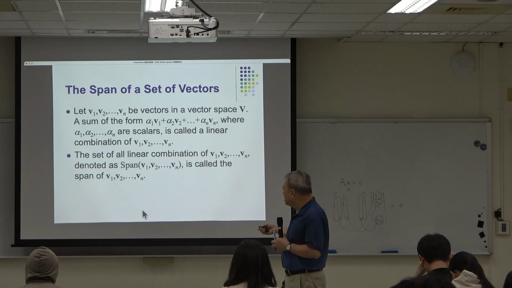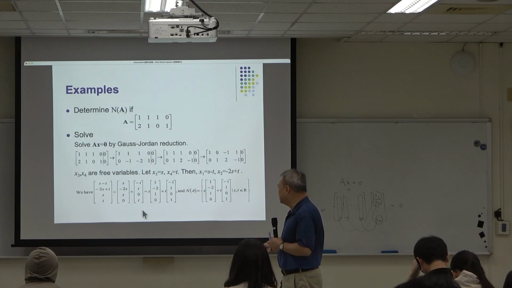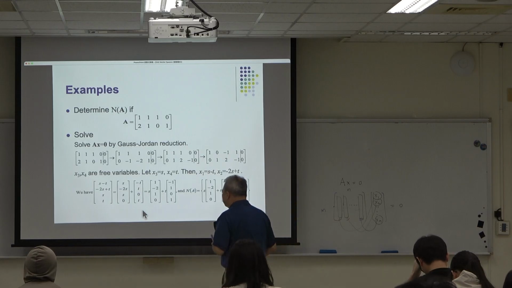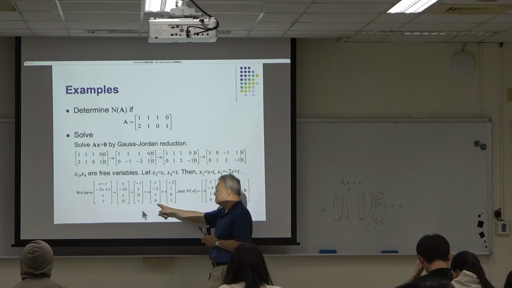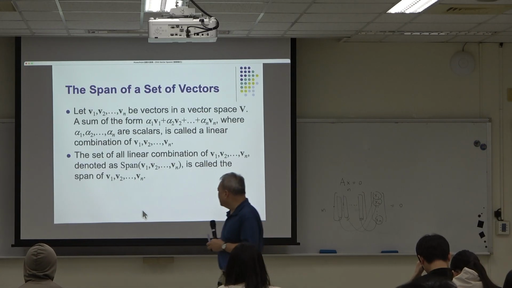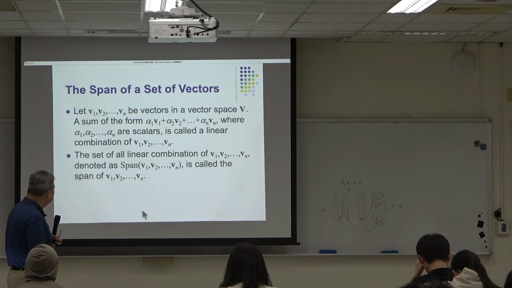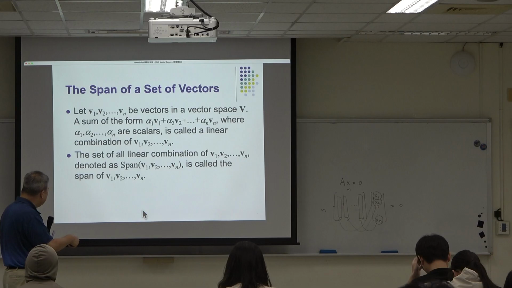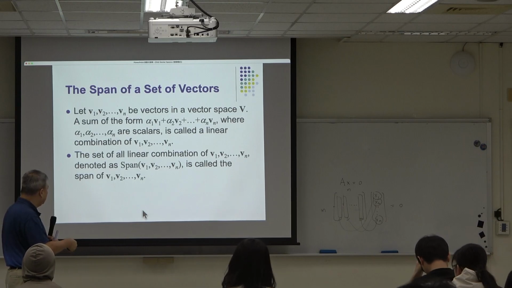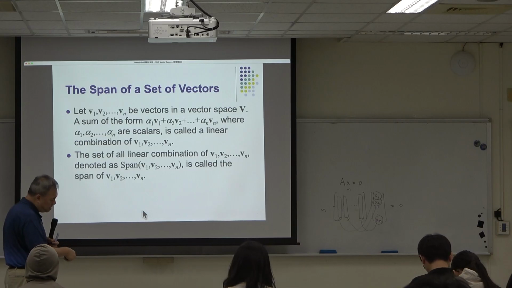Using this definition, you can see that the null space here is a linear combination of these two vectors. The set of all linear combinations of b1, b2 up to bn, we denote as span{b1, ..., bn}. That's the notation, and we call it the span of these vectors.